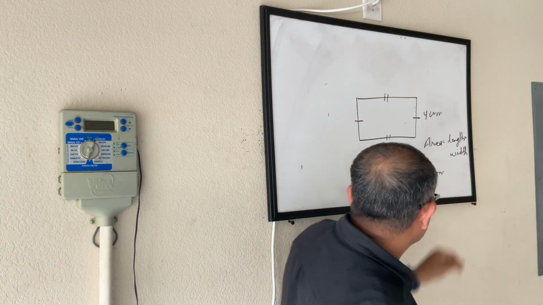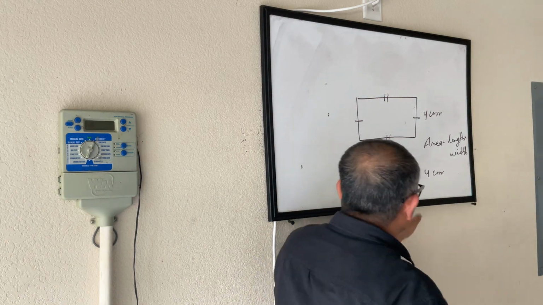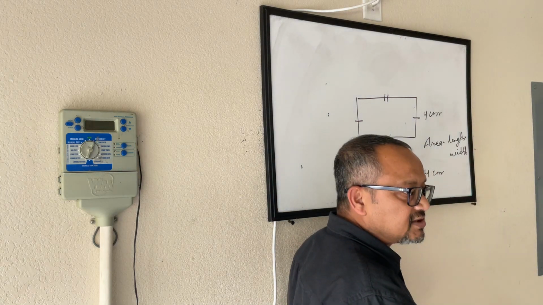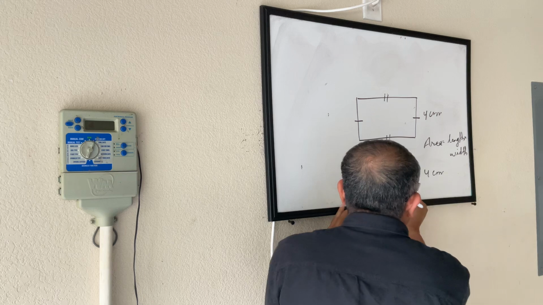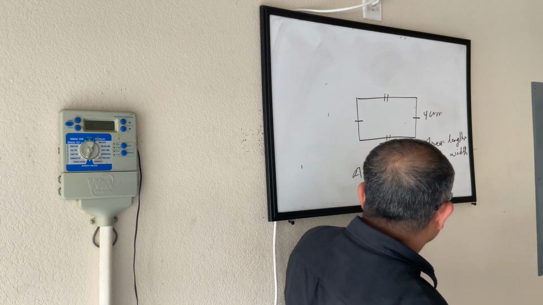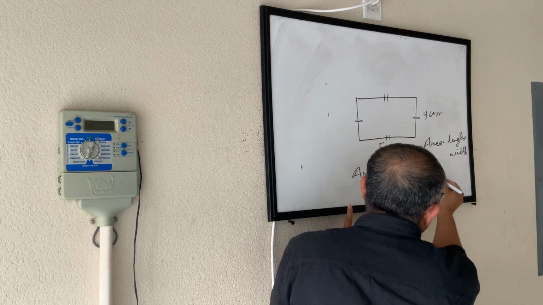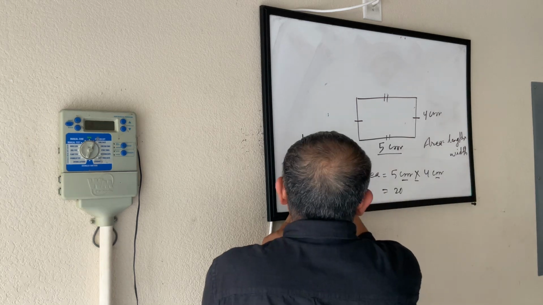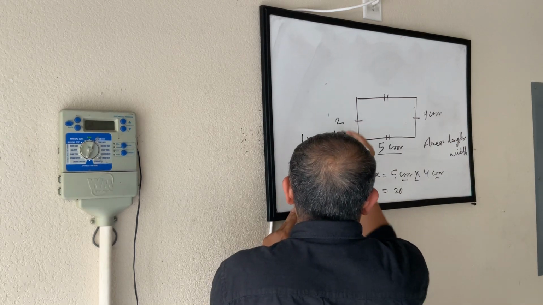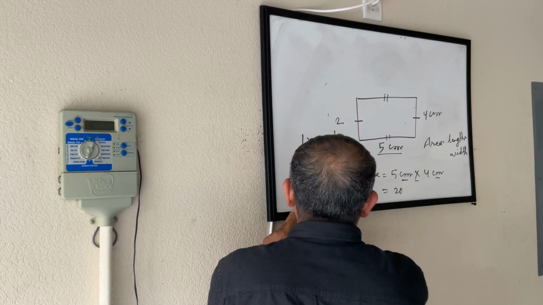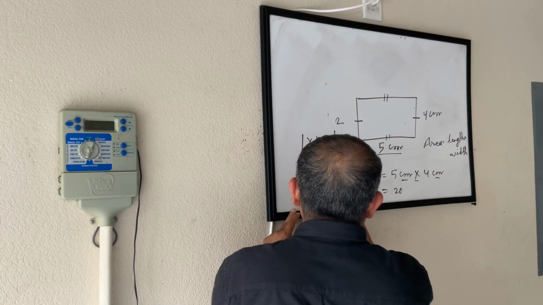When you write it here, you know that you can multiply a number with a number, right? You all know tables, right? 5 times 4 is 20. 20 is done. Numbers you have multiplied. What about this? Centimeter into centimeter. 1 into 1 is called 1 square. 2 into 2 becomes 2 square. 3 into 3 becomes 3 square.